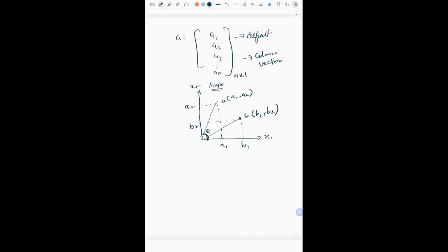Now we are not looking at scalars like a point. We are going to see it from an n-dimensional vector perspective. What is this part?